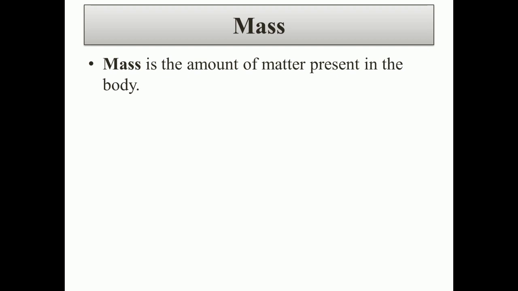So you can say that mass is something that does not change when you change your place from one planet to another planet or to any other places, right? When you weigh yourself on the weighing machine, it shows you around 30 kg, 50 kg, 60 kg. That is the mass of the matter present in your body, nothing but the flesh and blood.